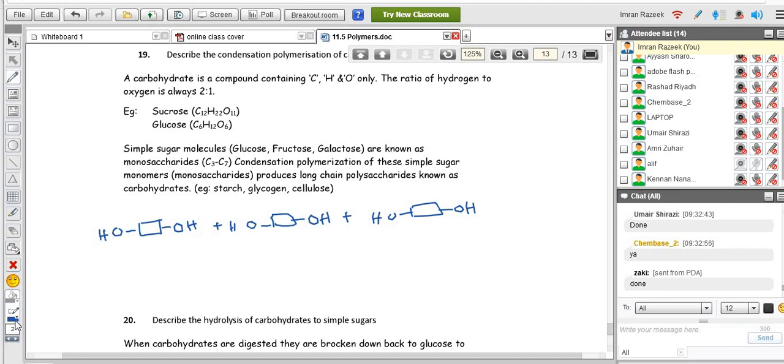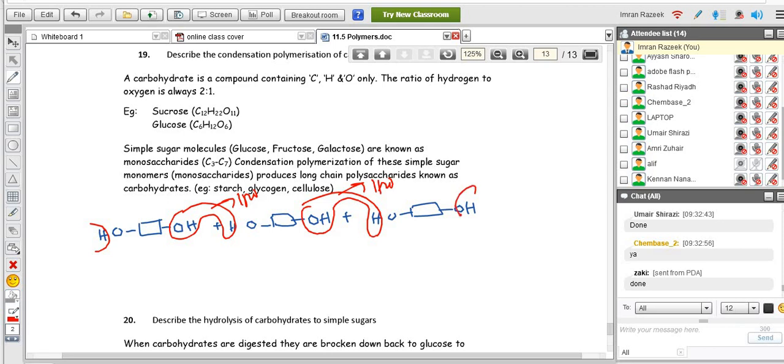So what happens here is not an ester linkage. What happens here is that the OH of one goes with the H of the other. A water molecule is lost. If this molecule's OH is removed, it is removed with the other molecule's H. So the OH of one molecule and the H of the other molecule, right? A water molecule is lost. As a result, these 2 molecules combine together.